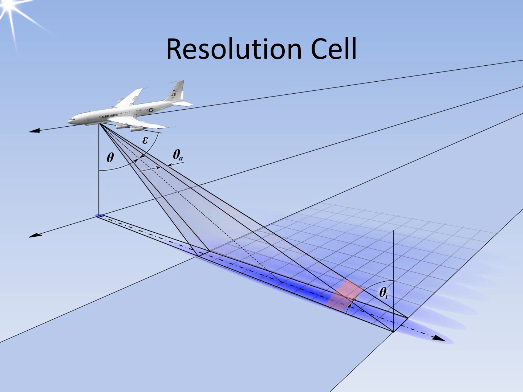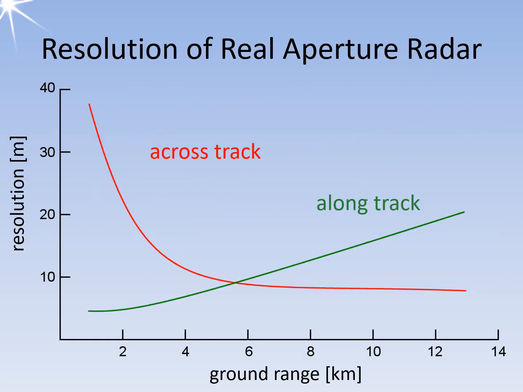Matching the pulse repetition frequency limits the maximum unambiguous range and the maximum width of the imaging strip. The range resolution deteriorates at the near swath, the angular resolution at the far swath. The mean distance of the image strip should be selected from these two values to ensure that the single pixels are approximately square. In this example, that would be approximately 5.5 kilometers.